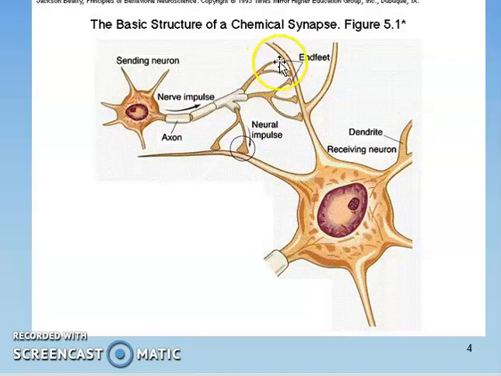Here the end feet of this neuron are connected to the dendrites of this neuron. So we can also say that the end feet of the sending neurons are connected to the dendrites on the receiving neuron. Here you can see the nerve impulse is traveling in this direction, from sending to receiving. Then it spreads in the dendrites here, and is collected here in the cell body, and then moves along the cell body to reach the axon of the receiving neuron, and then goes ahead to the next cells.